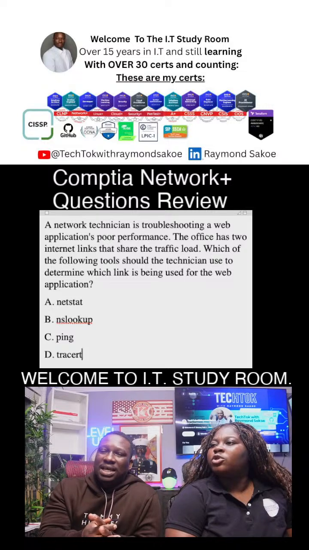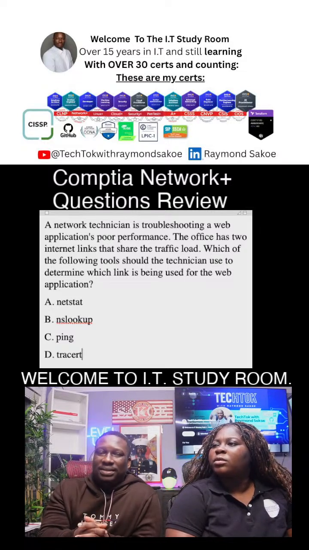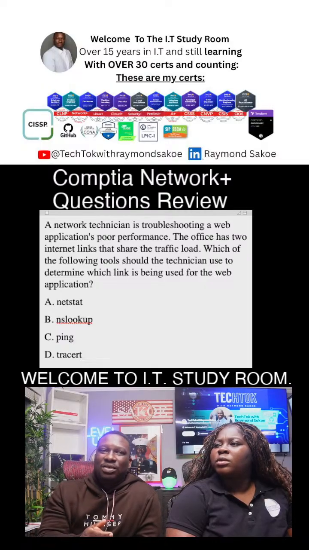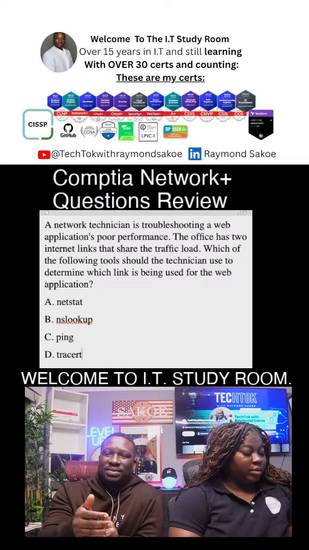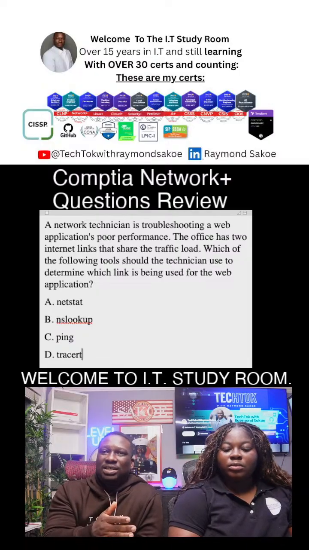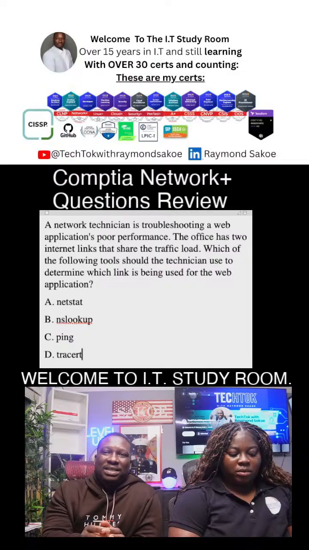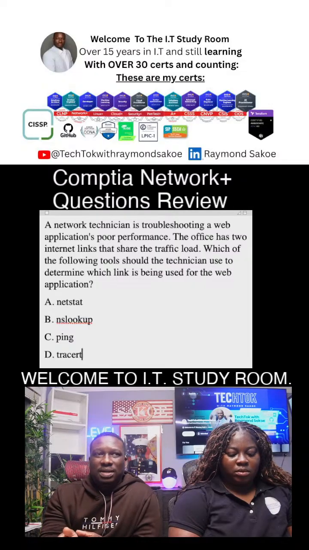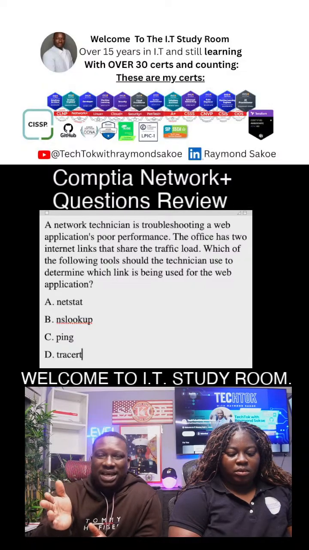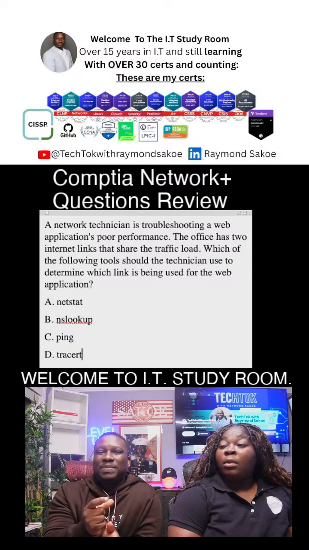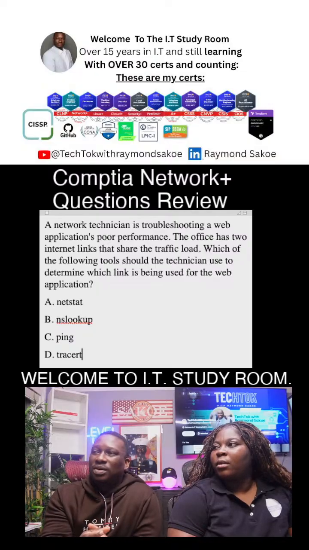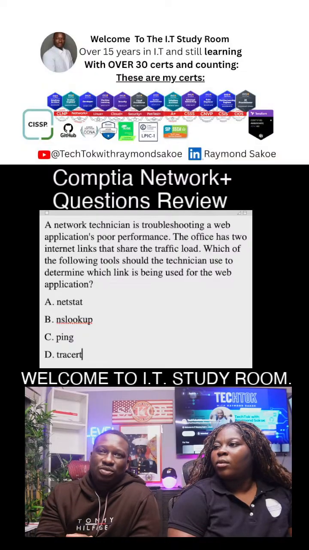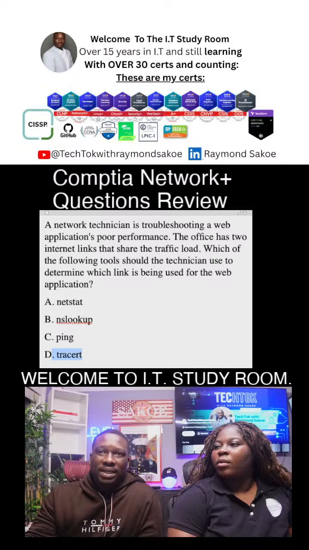If I type traceroute to Facebook, it will give me hop by hop where the connection went. So if I traceroute to the same connection, I realize that it took this specific internet service provider, or this specific port. So traceroute would be the ideal command.